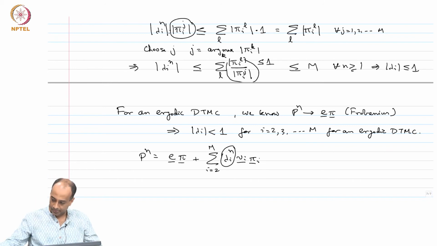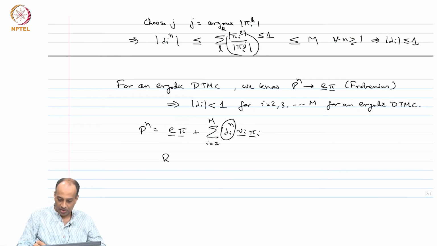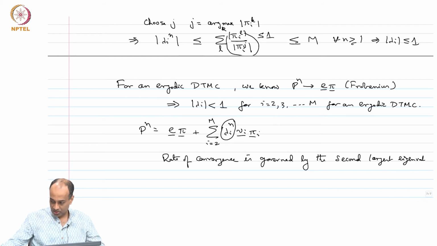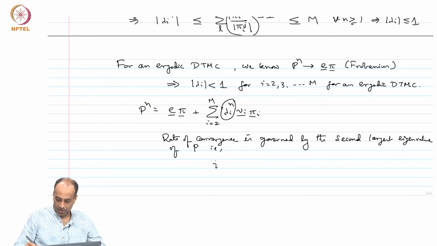The rate of convergence for an ergodic Markov chain is governed by the second largest eigenvalue of P, i.e., you look at the I star for which lambda j has the largest magnitude, where j is from 2 to m.